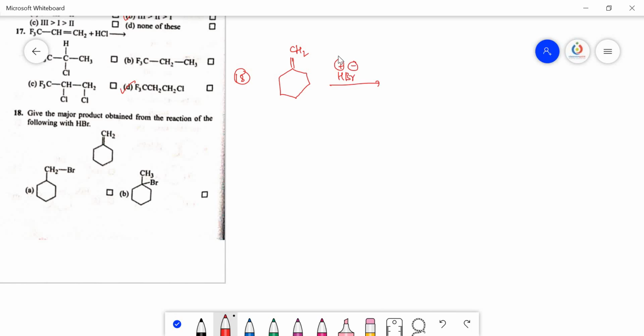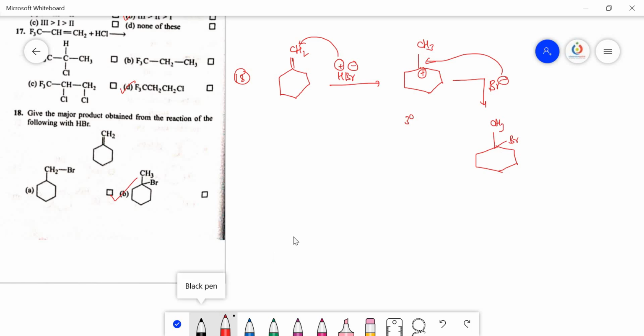Simple Markovnikov's rule, H plus ion preferably attacks over here and produces the stable tertiary carbocation like this, CH3 and positive charge, this is a tertiary carbocation and stable. This one on reaction with the Br minus attacks over this position and produces this molecule. Hence option B is correct.